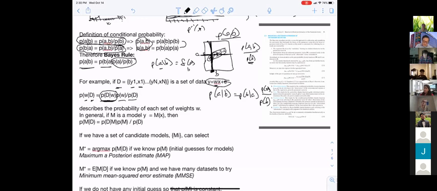Well, if I knew what W was, I could say how likely it would be to get this particular observation, right? If it turns out that y1 equals w x1 for a particular w, and yn equals w xn for that same w, then I've got a very good fit. How likely was this to have occurred?